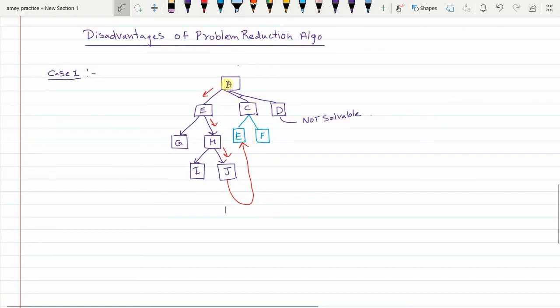What is the other available path? You could have also gone from A to C and C to E. So A to C, C to E is a much smaller path.